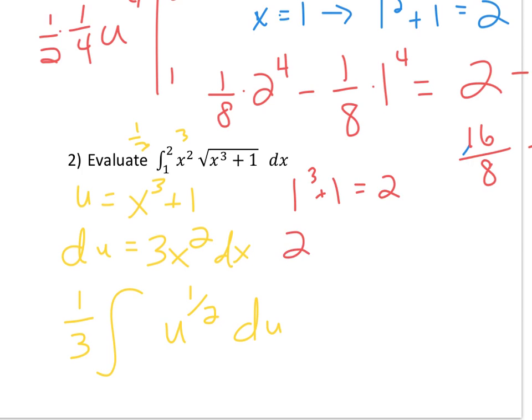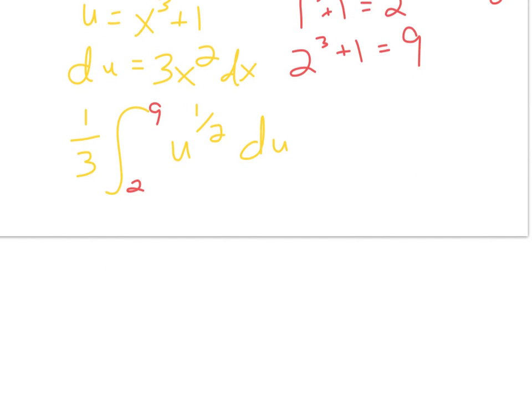And 2 cubed plus 1 is now equal to 9. So we are going to have a lower limit of 2 and an upper limit of 9 now, using our u limits instead of our x limits.